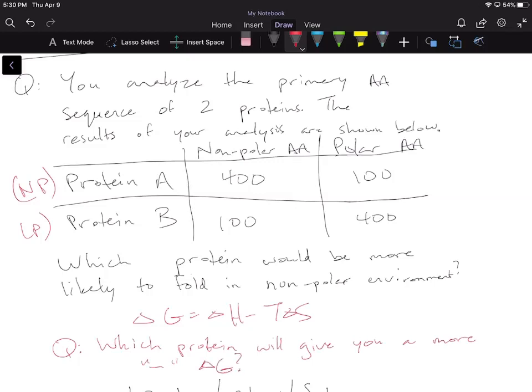So basically, essentially what we're asking is which protein will give you a more negative delta G. And in order to see if a more nonpolar versus more polar protein will give you more negative delta G, we're going to have to analyze the delta H and delta S and see if there's anything that we can adjust between proteins to see if one is more likely to let our protein get folded, okay?